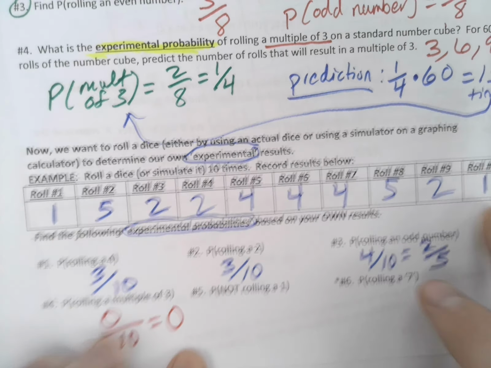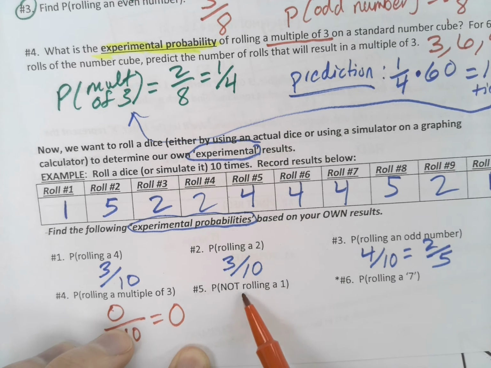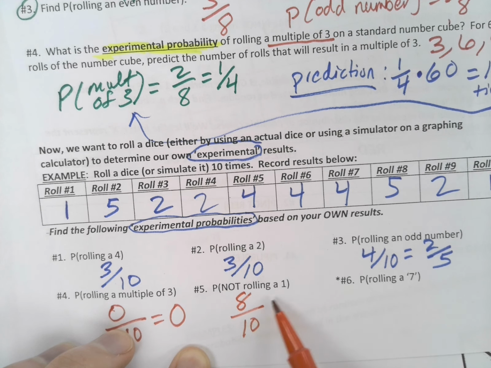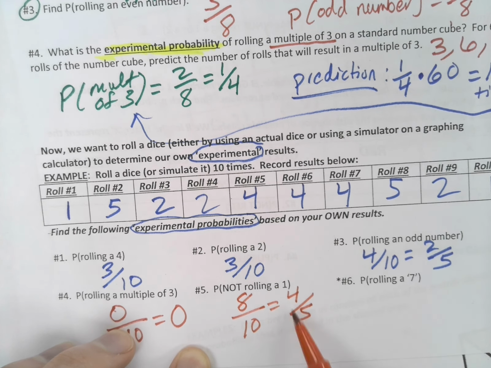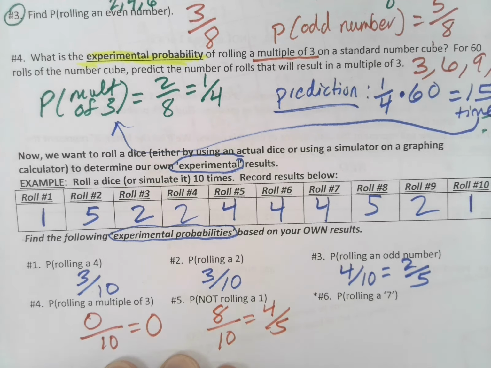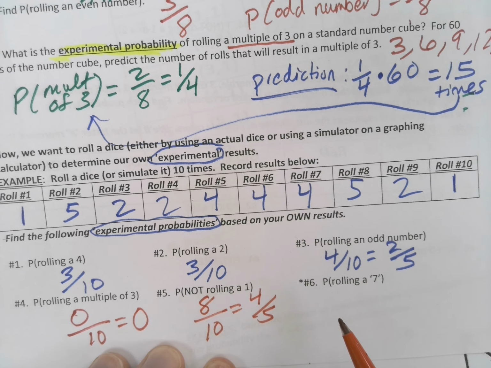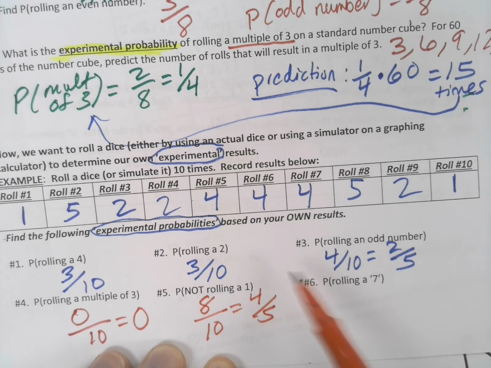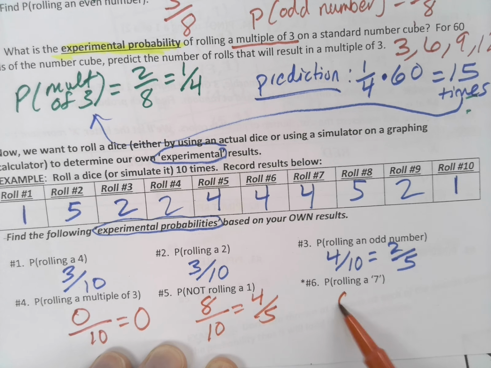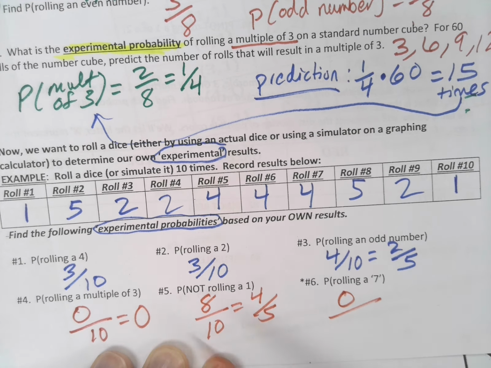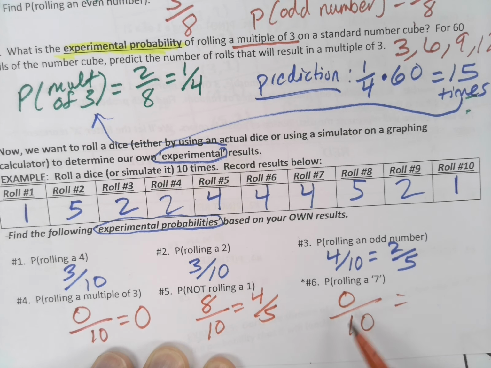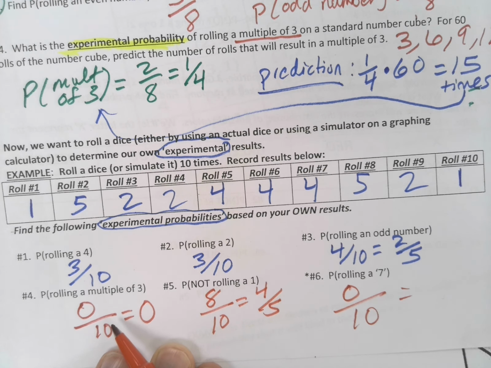Well, those are going to be pretty good odds for me. I only got 1 twice. So 8 out of 10 rolls, or 4 out of 5, are going to be anything that's not 1, based off my experiment. And rolling a 7? Wait a minute, a 7? That's not possible with 1 die. Just like a multiple of 3, this is going to be 0 out of 10, except in this case it's because it was literally impossible, not because it just happened not to happen.